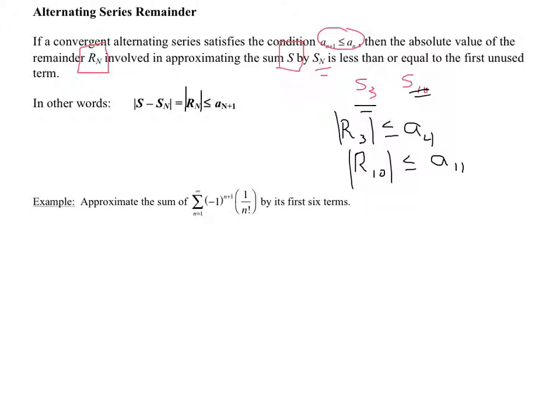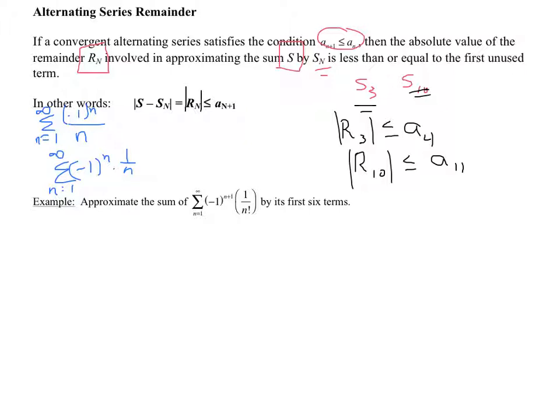Just for example, our series that we've determined the convergence of recently is alternating over n. And if you remember, we could rewrite this as negative 1 to the n times 1 over n, n equals 1 to infinity.